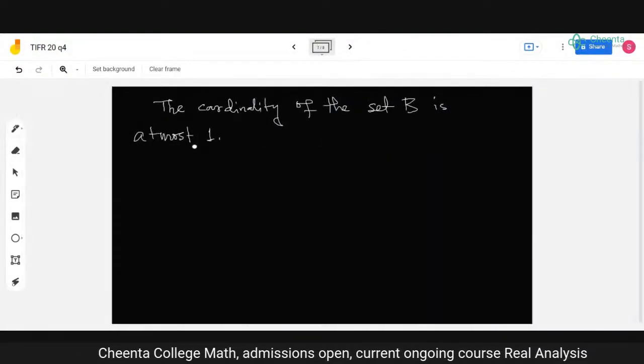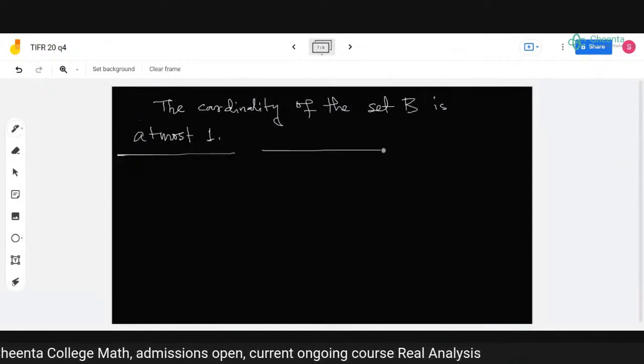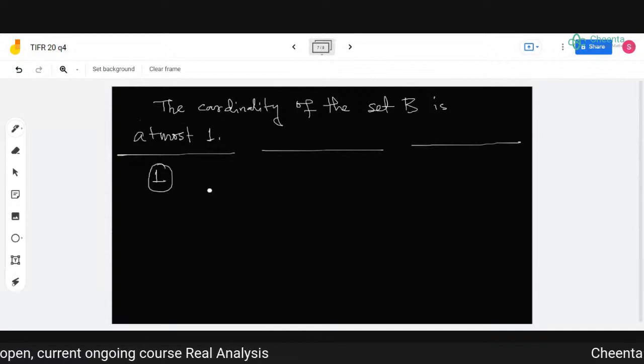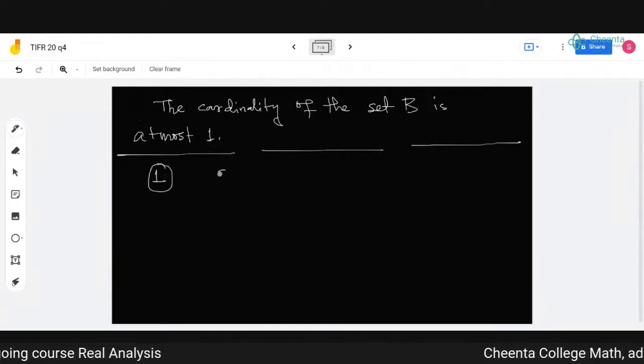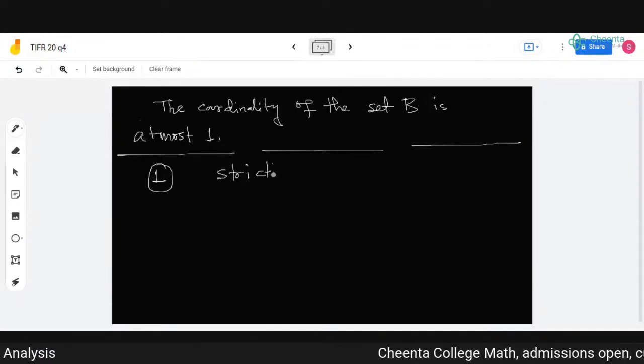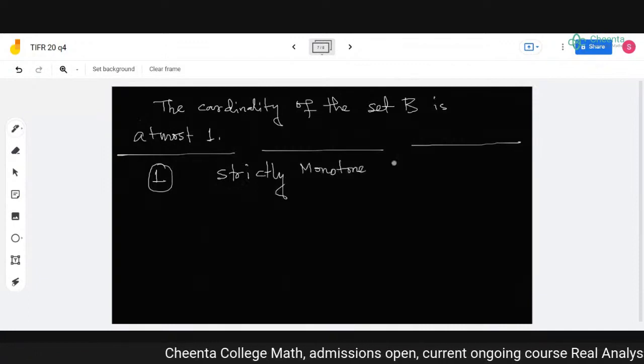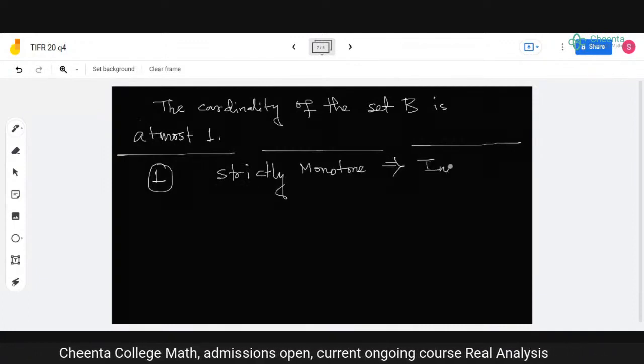So this problem actually uses two main ingredients. The first thing is that strictly monotone implies injectivity.